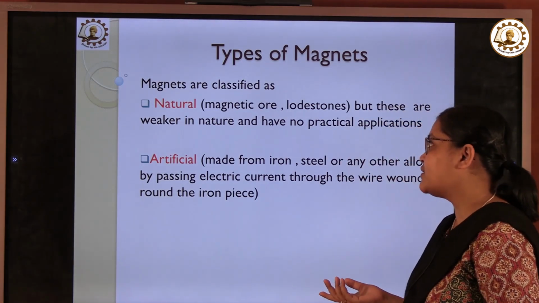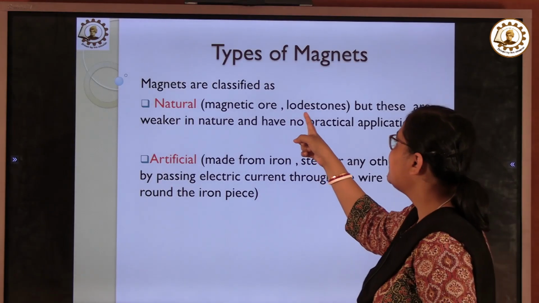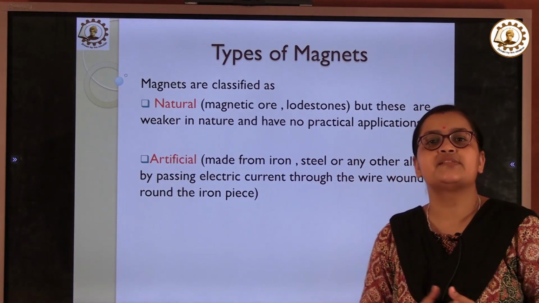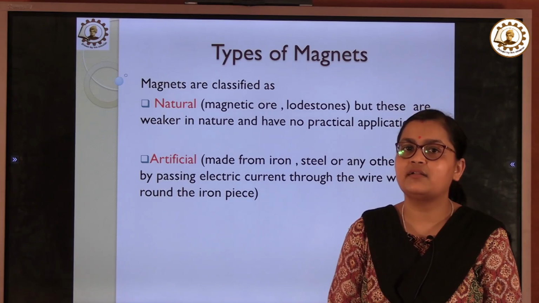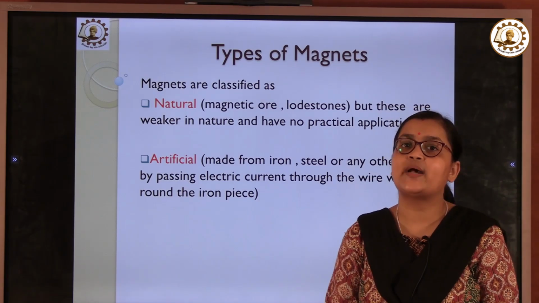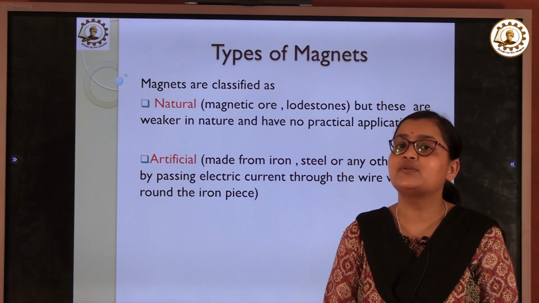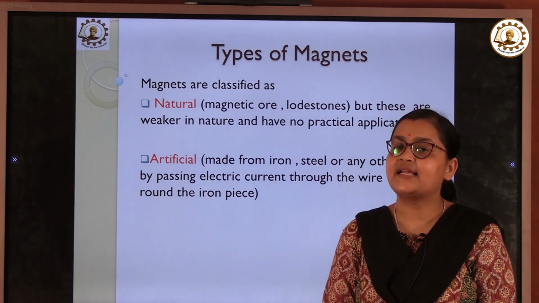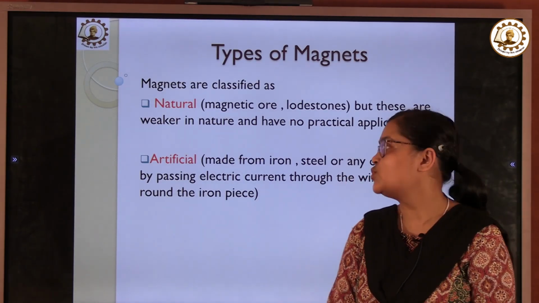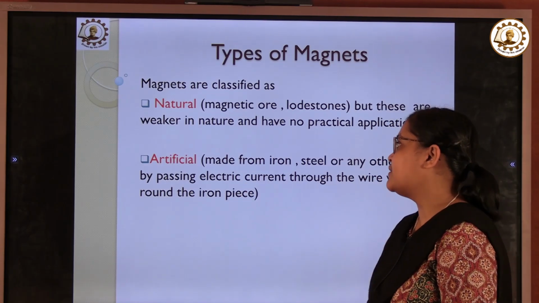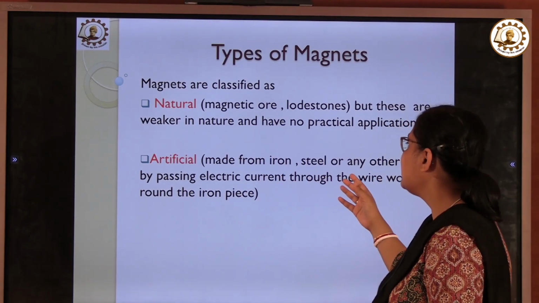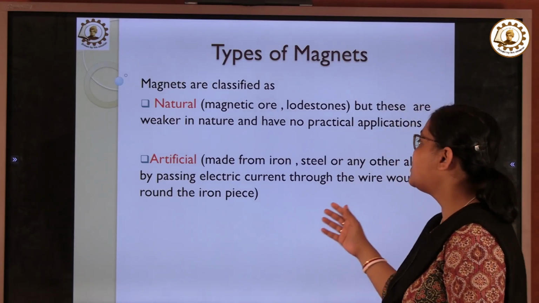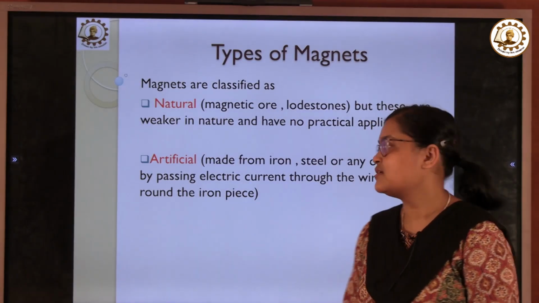So what are natural magnets? Like magnetic ores, lodestones, which are already present in nature, but their magnetic field strength is quite weak, and therefore we cannot use them for practical applications. And that's why we are moving on towards the artificial magnets, which are made from iron, steel and other alloys by passing electric current through the wire wound around the iron piece.